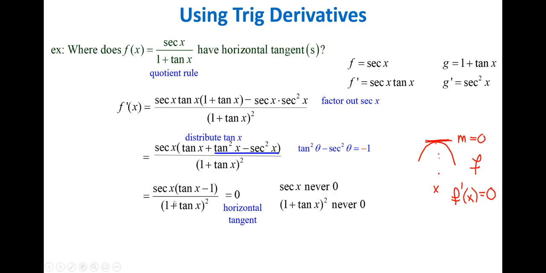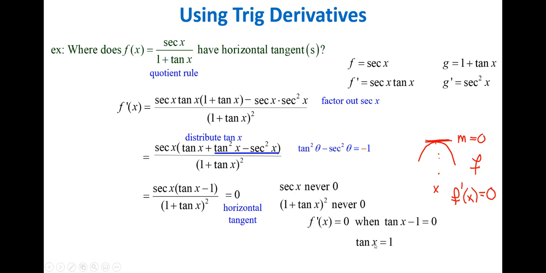So with these two factors not affecting where this is 0, the only one we have to consider is tangent of x minus 1. So let me just say that. F prime of x would be 0 wherever tangent of x minus 1 is equal to 0. And I'll solve this for x algebraically, adding 1 to both sides, and then looking at this and seeing where this would be an equality.